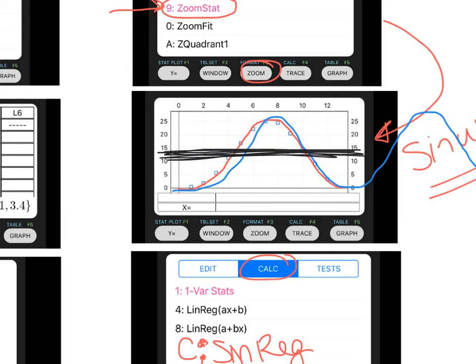In this case, the y-axis is temperature, and the x-axis is months. So this midline is that middle temperature. It's actually considered an average because when you add the max and the min together and then divide by 2, you'll get an average, which is about this midline.